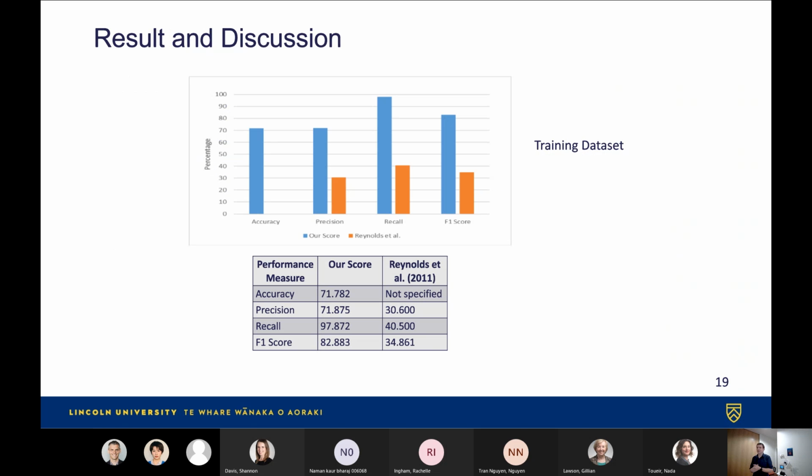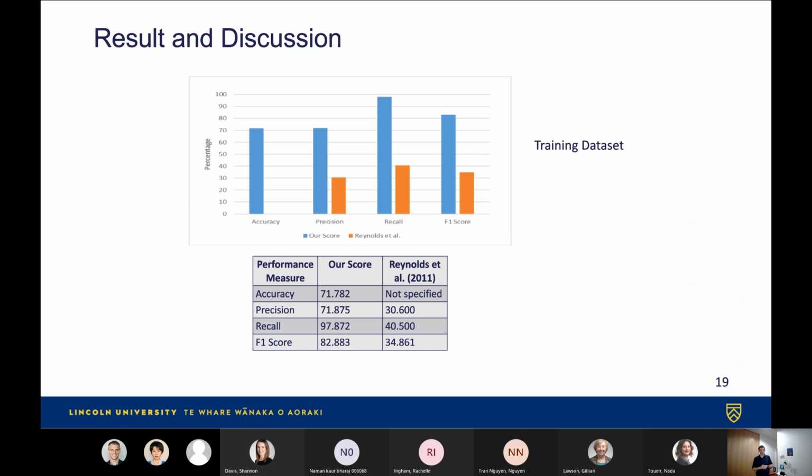So how well did we do? How well did this approach go against other people's approaches in actually detecting stuff? So using your training data set, you would hope you do well, because that's the data that you've been using to train your system, to program it. If you haven't done well with your training set, then there's something really bad going on.